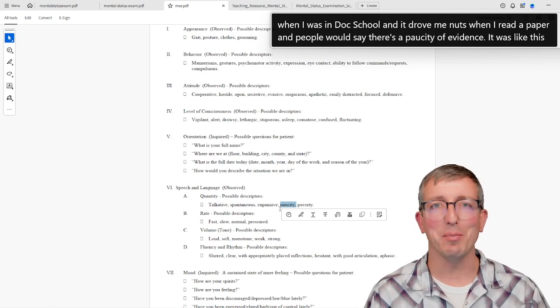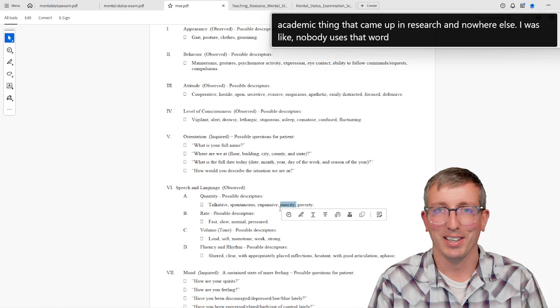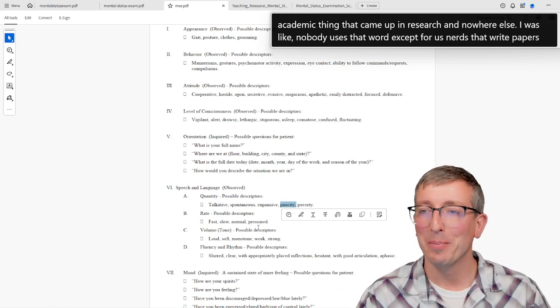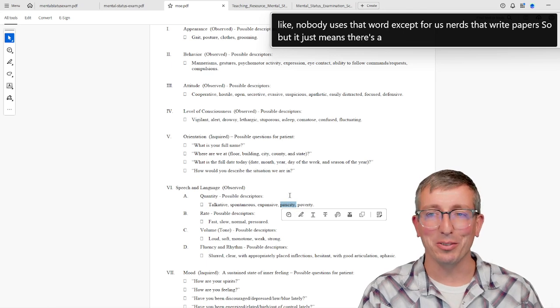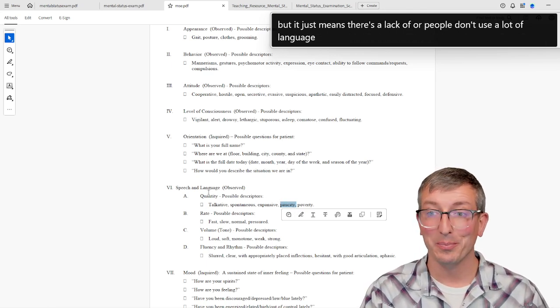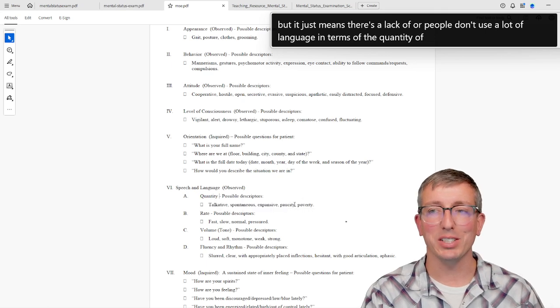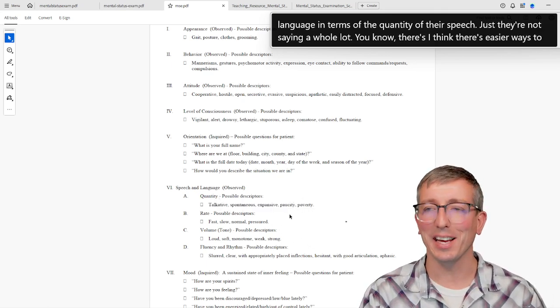It was this academic thing that came up in research and nowhere else. Nobody uses that word except for us nerds that write papers. But it just means there's a lack of, or people don't use a lot of language in terms of the quantity of their speech. They're not saying a whole lot. And I think there are easier ways to say that.